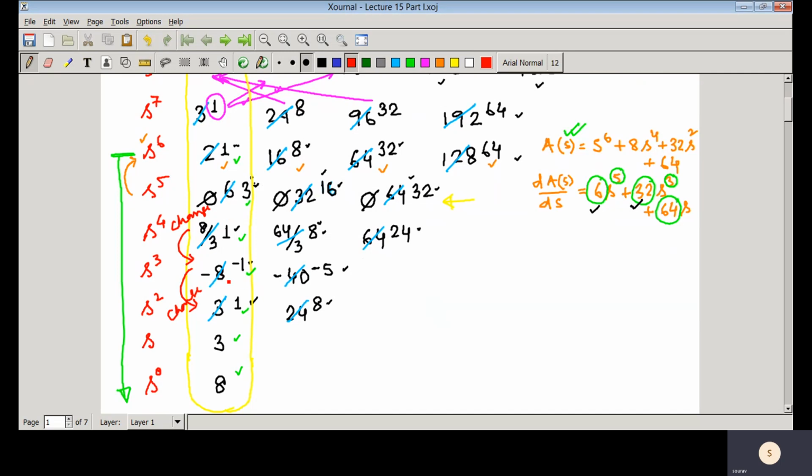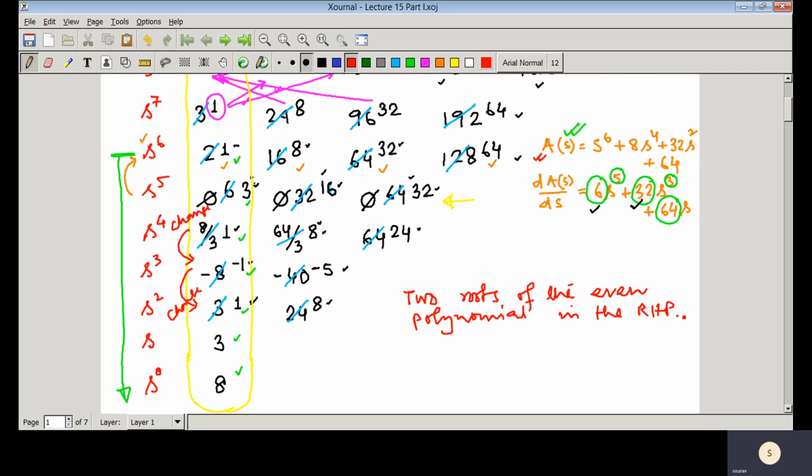Whenever two sign changes are there, it is clear that for this particular auxiliary polynomial, the even polynomial, two roots are in the right half plane.